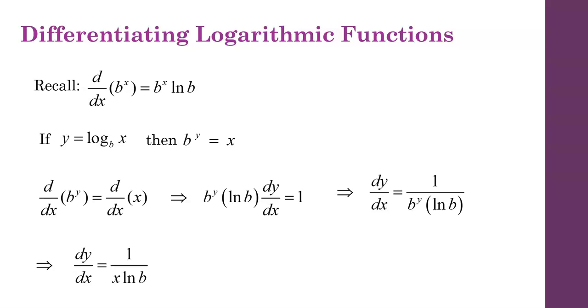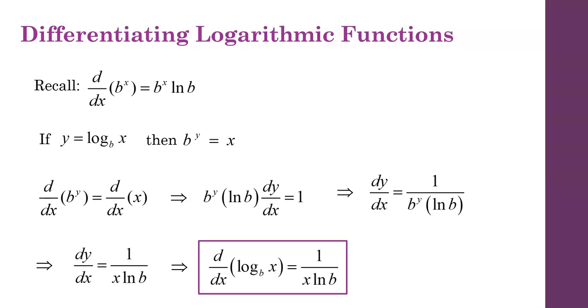So b to the y is equal to x, and we want our derivative formula to be free of x's on the right side and have the y's only on the left side. And again, that tells us that when we take a derivative of y, which was log of x base b, we end up with 1 over x natural log of b. And that's going to be our formula for taking the derivative of logarithmic functions.